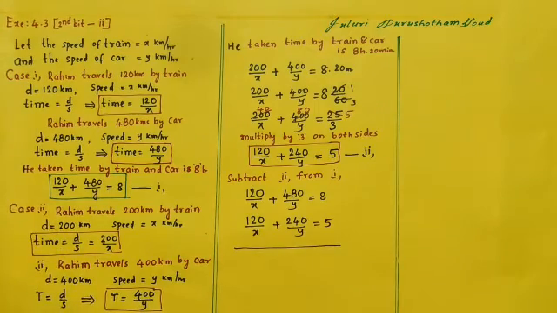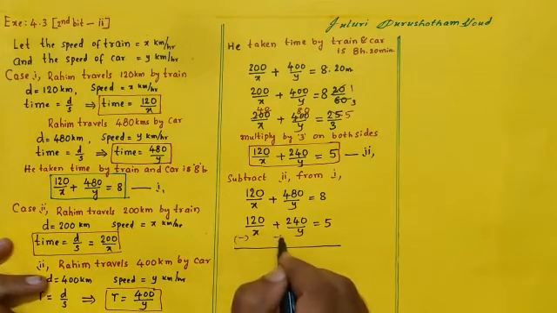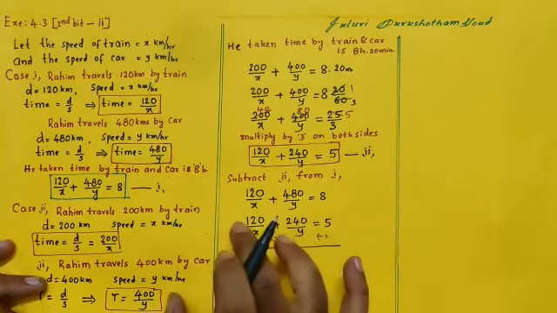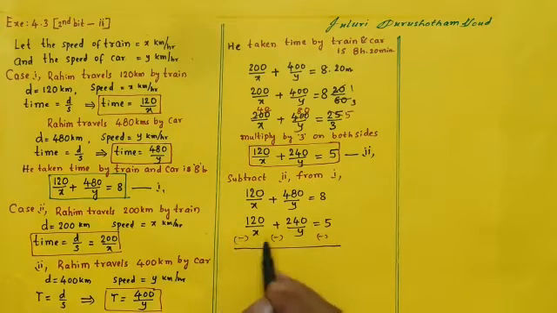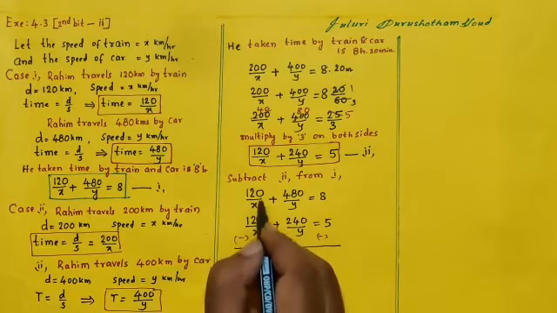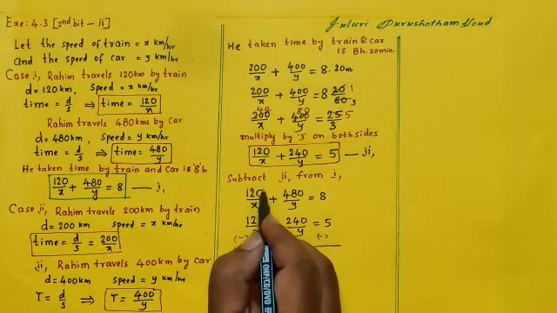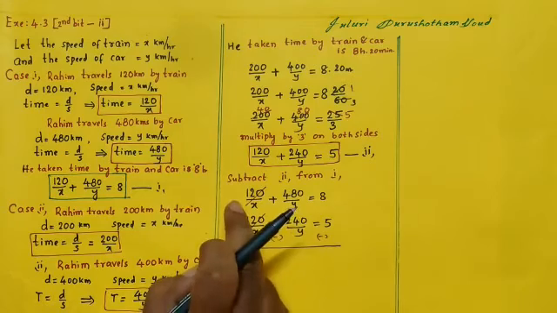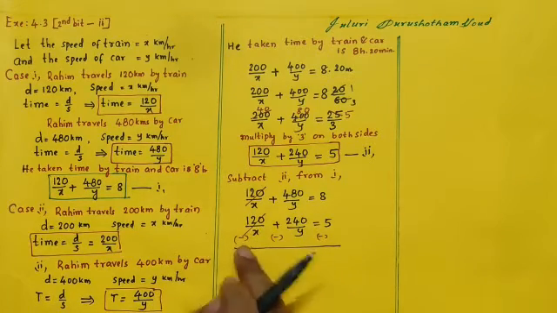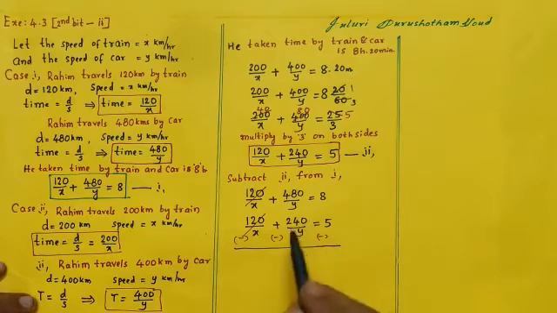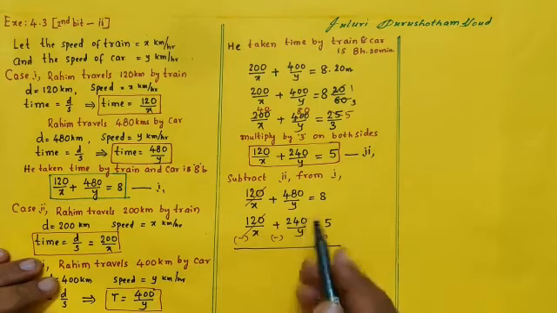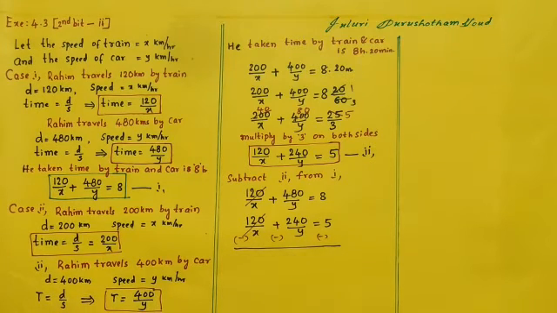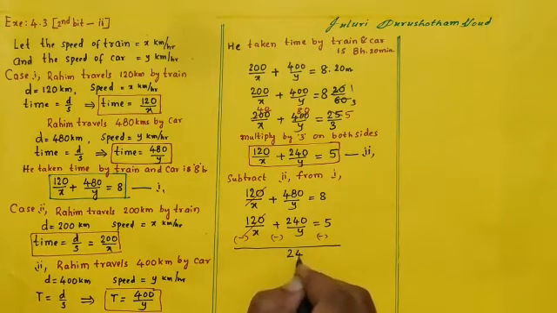If we subtract, the signs will be changed, only for the lower equation. Plus means minus, just take the opposite signs. These two cancel, plus 120 by x minus 120 by x. The denominators are the same, so we get 480 minus 240, which is 240 by y.